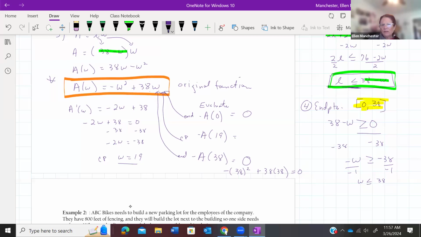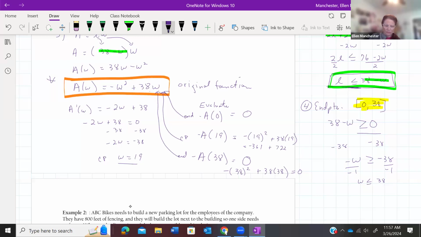Okay, so you really only have to evaluate that middle, that critical point. So negative 19 squared plus 38 times 19. So 19 squared is 361. So I have a negative 361, and then 38 times 19 is 722.